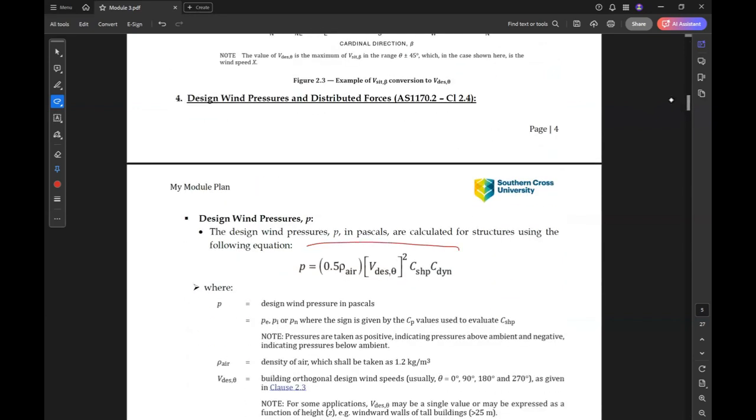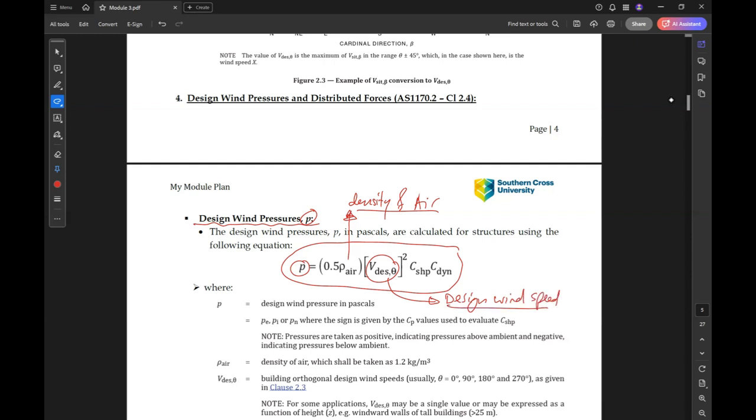This is our main formula we need to use, which is the design wind pressure. The design wind pressure is equal to 0.5 rho air, where rho air is the density of air, times V design theta, called the design wind speed, squared, and then we have two factors, C shape and C dynamic.